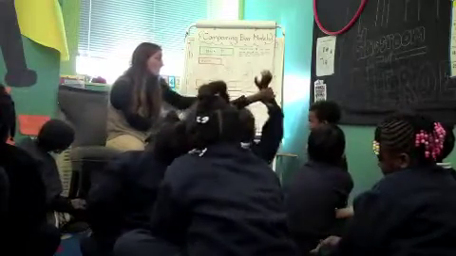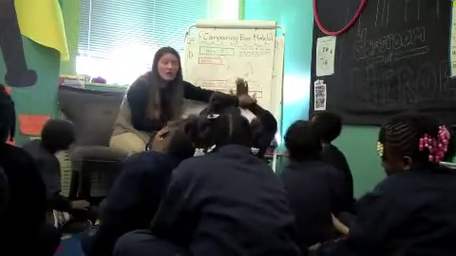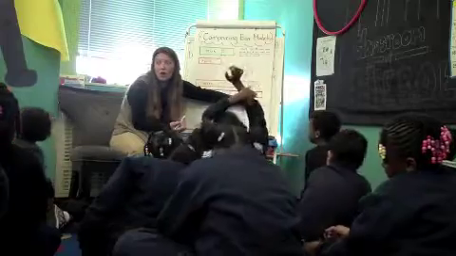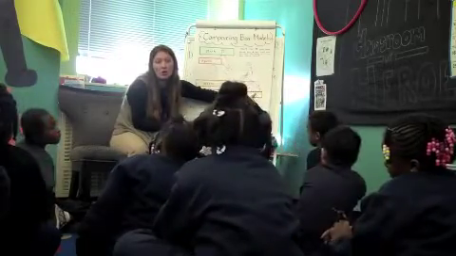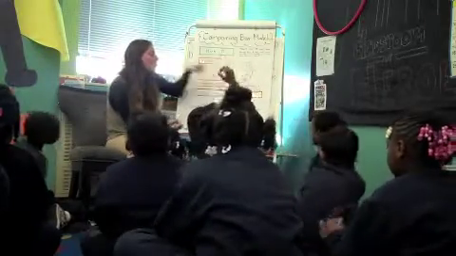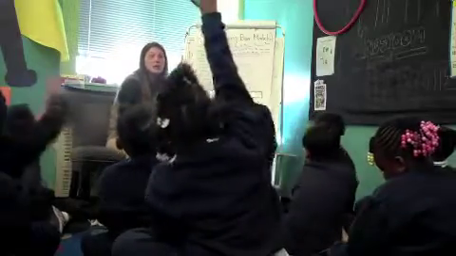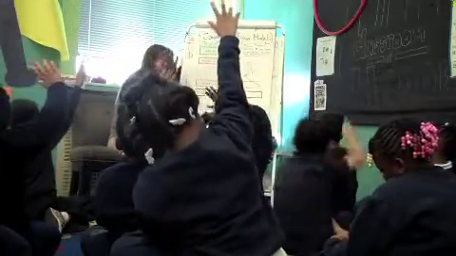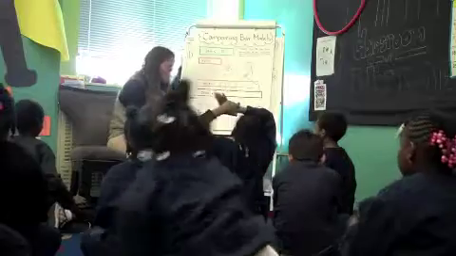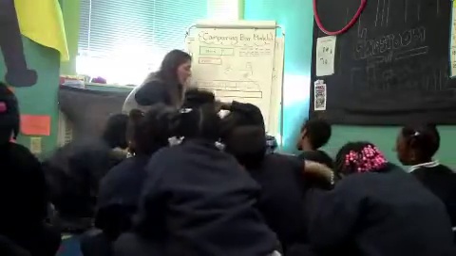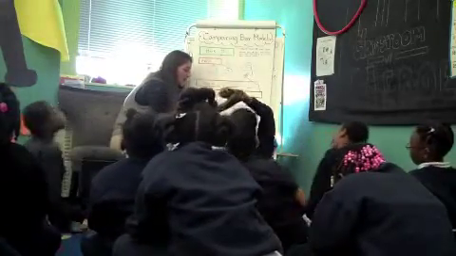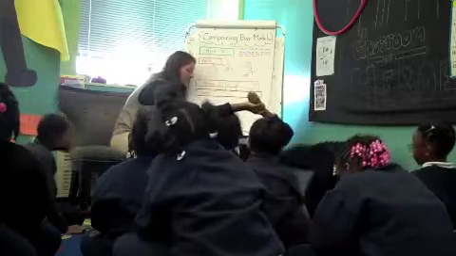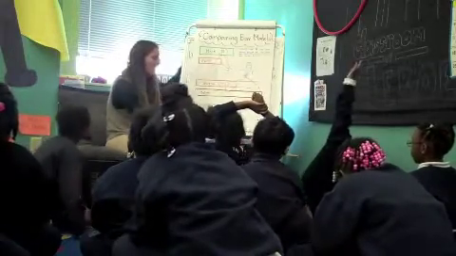If I don't know this whole long one, then I don't know the whole. If I know both parts, what kind of a problem are we going to solve? Ayana? Addition. So I have 94 plus 60. Who can help me solve that problem?